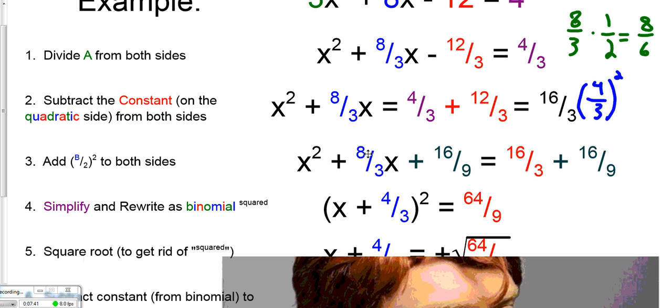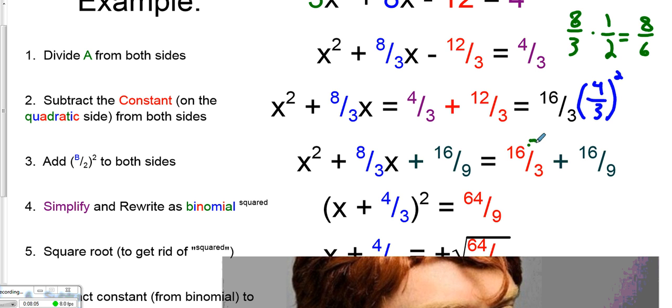X squared plus 8/3 x plus 16/9 equals this 16/3 that we had from before plus 16/9. Now again, because we're working with fractions, you got a 3 here and you got a 9. If we want to add these, I need to turn this into ninths. So I multiply both of those.